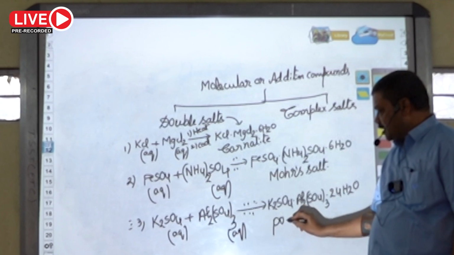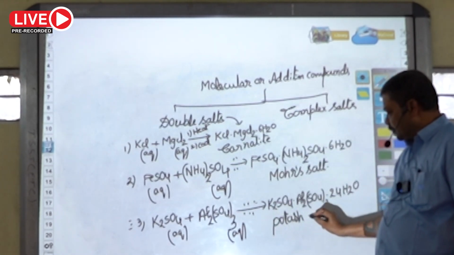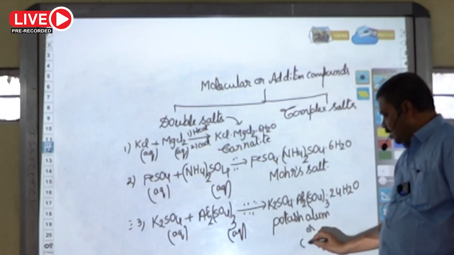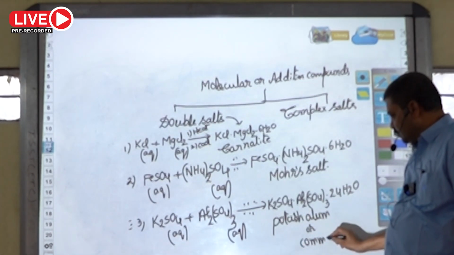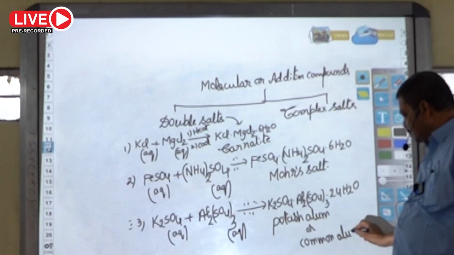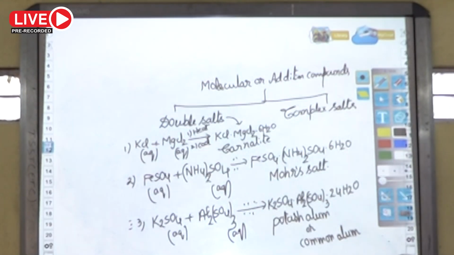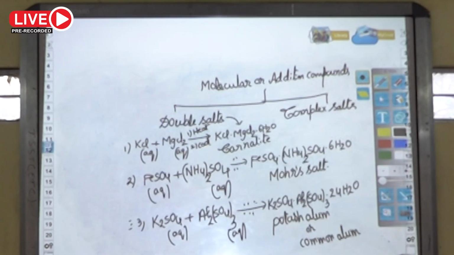This is called potash alum, which is also called common alum. So all these are double salts.